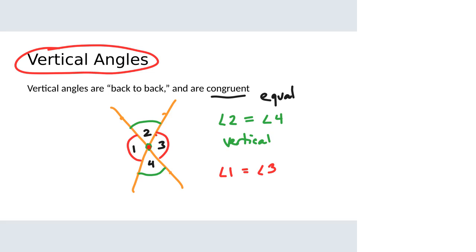We've gone through points, lines, and planes. We mentioned collinear and non-collinear. We did lines, line segments, and rays.